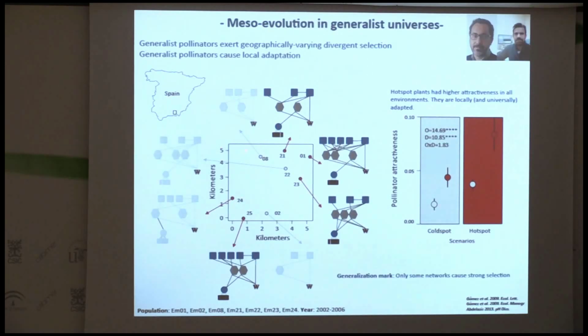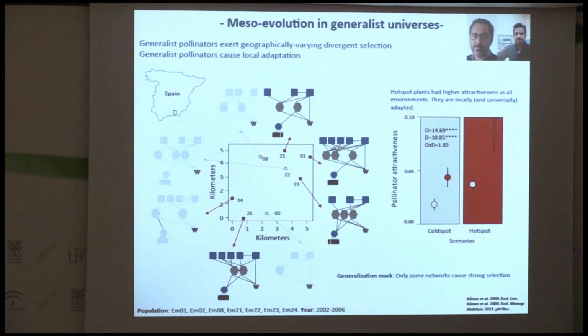This is an example of our study to test this idea, done in Sierra Nevada with 8 populations separated from each other by about 5 kilometers. You see here the geographical position. And these are exactly the path diagrams like the one I showed you earlier.